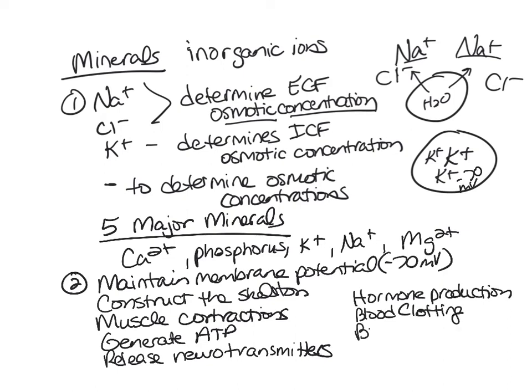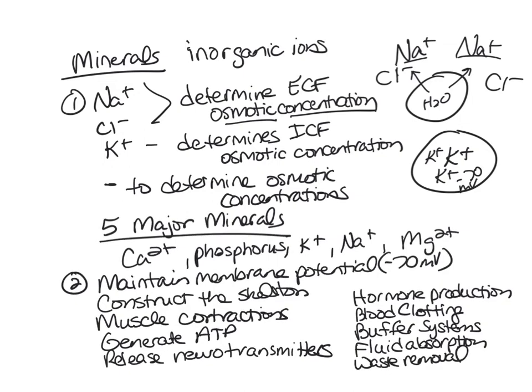They're necessary for the buffer systems of our body. We'll see how phosphorus is used in some of the other ones. It's necessary for fluid absorption, right? When sodium gets absorbed, water follows. And also for waste removal, which are all things that we study when we study the systems of the body.